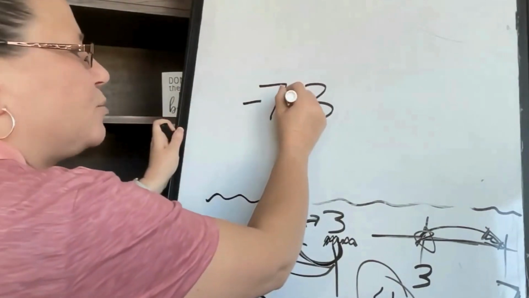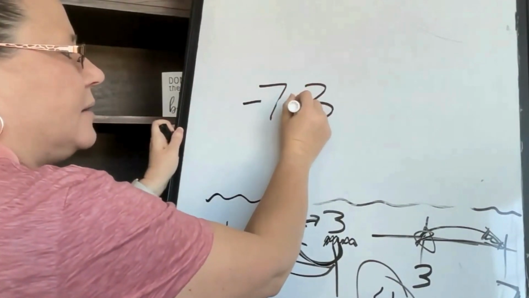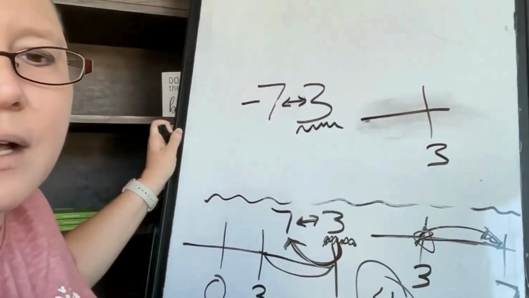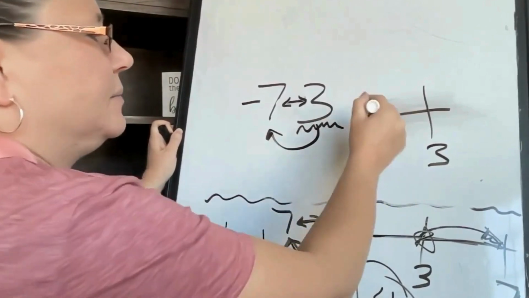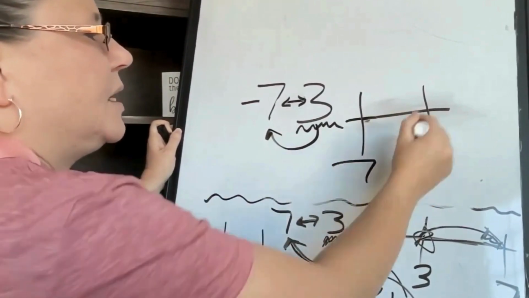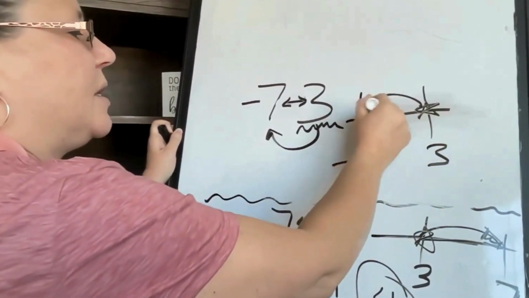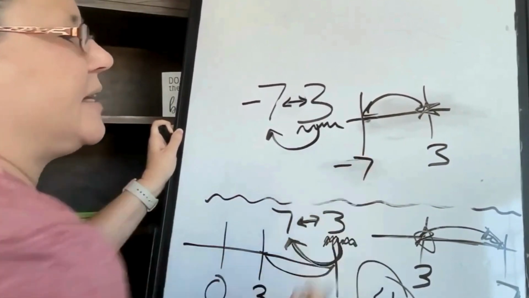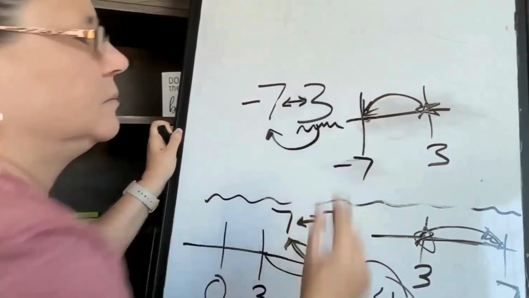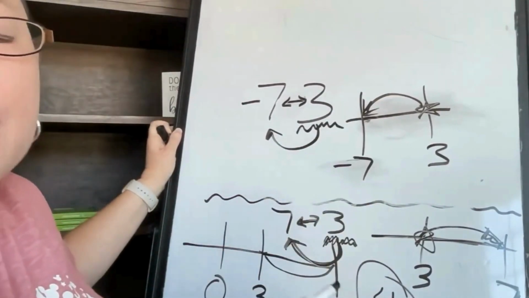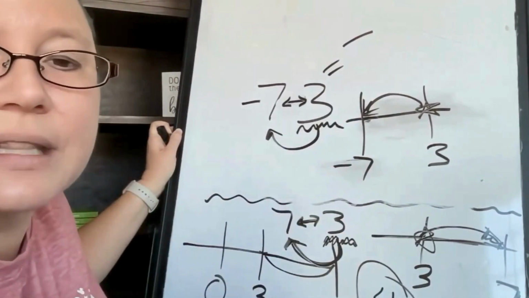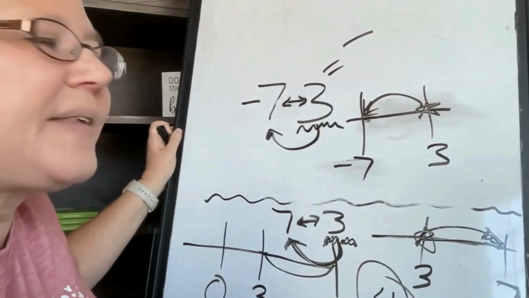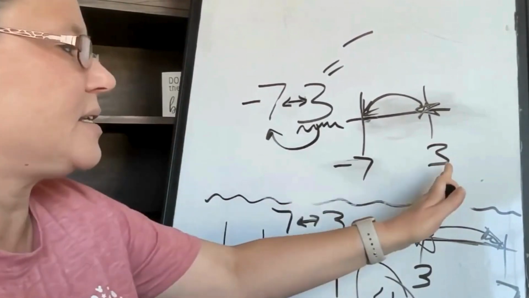Right now, if I make subtraction my number line, this is a positive 3 on a number line, and I'm going to go to negative 7. I'm going to start at positive 3, and I'm going to go to negative 7. First of all, I'm going in the left direction. So my answer here is going to be negative because I'm going to the left direction. Now I have to find the distance. Maybe I don't know the distance from 3.